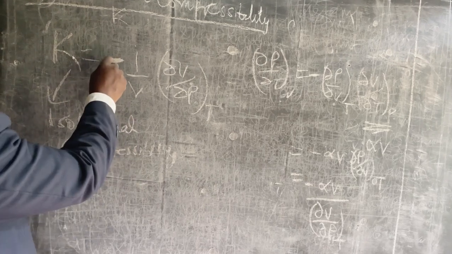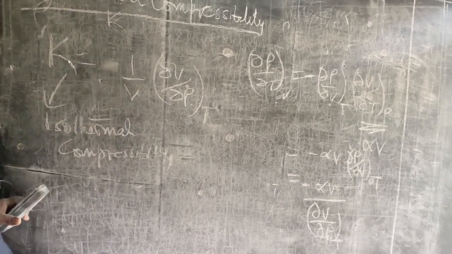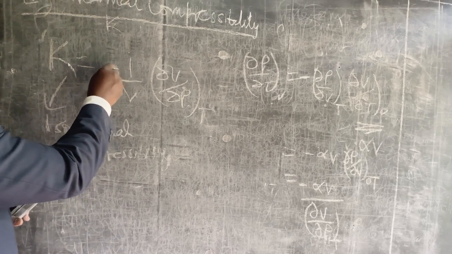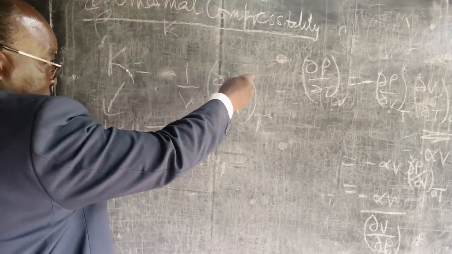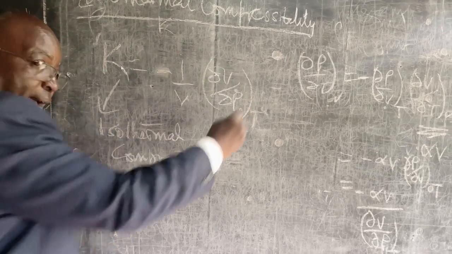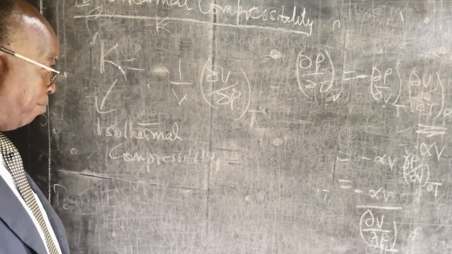Now you might be wondering, why is there a negative sign? That is because if you look at the quantities in the coefficient, we have volume and pressure, and volume and pressure are inversely related by Boyle's law.